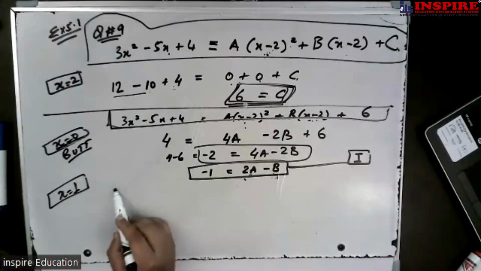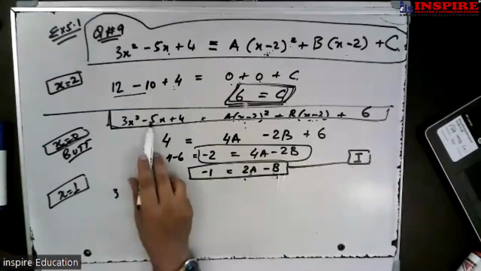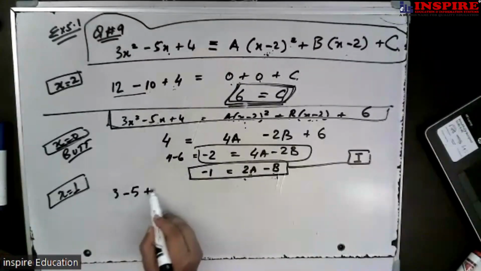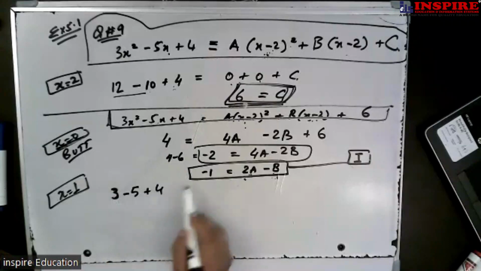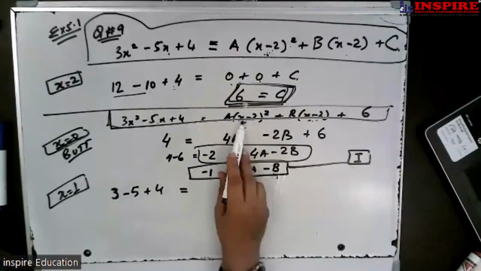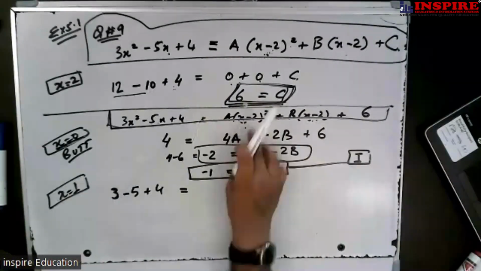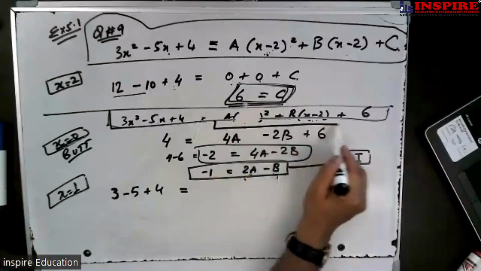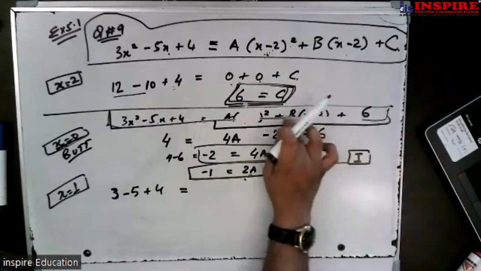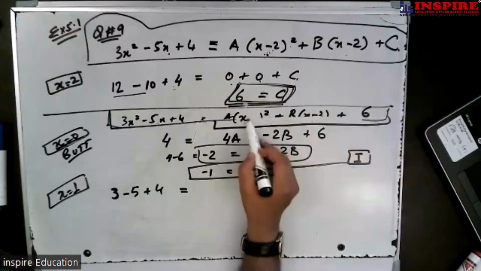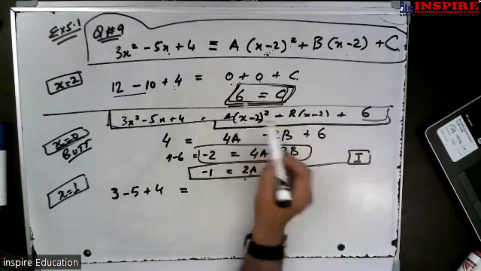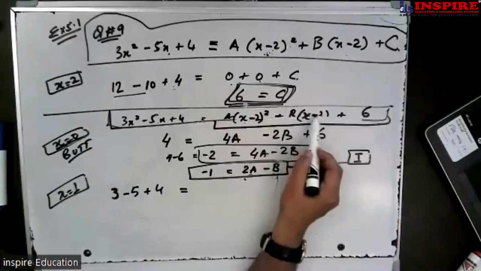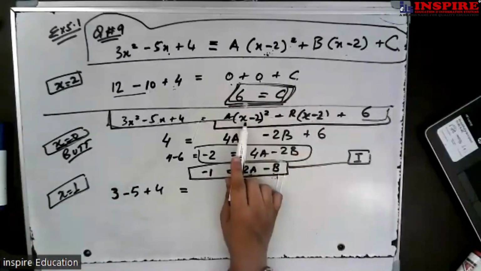1 into 3 is 1 into minus 5 plus, take a 1 here, 1 minus 2. I plug in a 1 here, 1 minus 2.